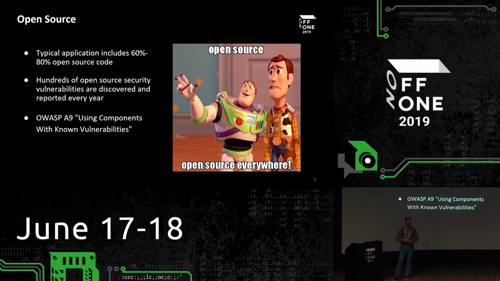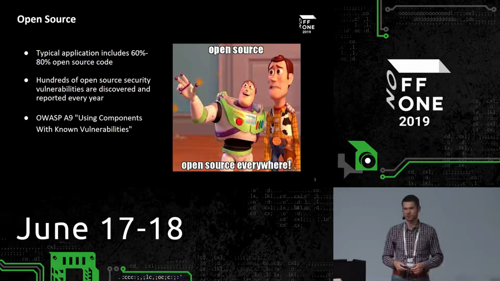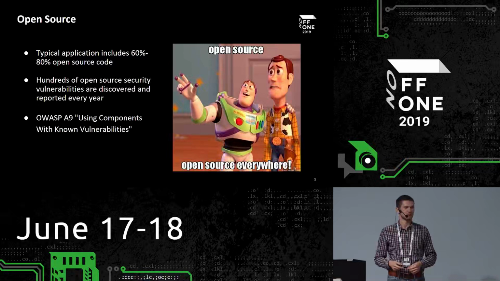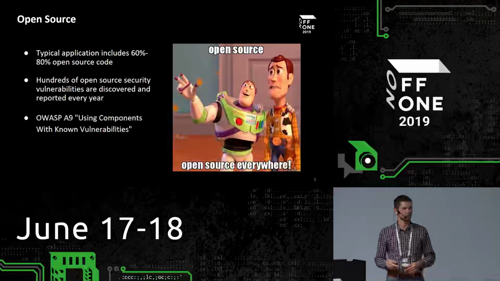OWASP has A9, using components with known vulnerabilities, which appeared separately in 2013.